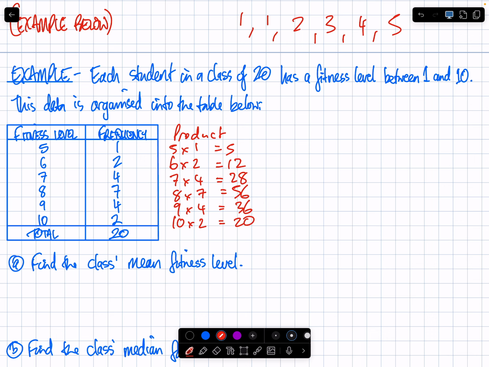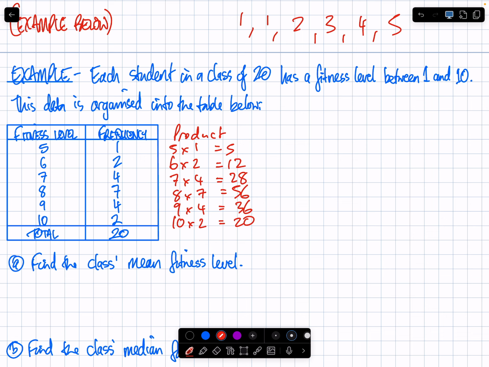And you'll probably ask me, what is the point of that? Why would I add a product column if I've got all the data? Well, if I had one 5 and two 6s, what would I be doing to sum up all of the data? I'd be going 5 plus 6 plus 6 plus how many 7s would I add on to that total? 4 of them.